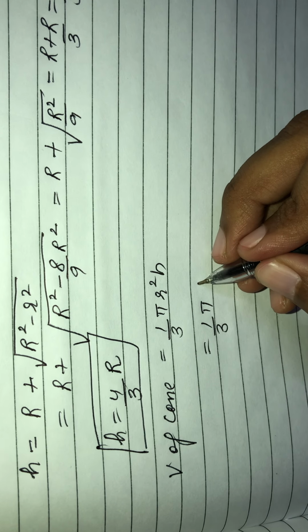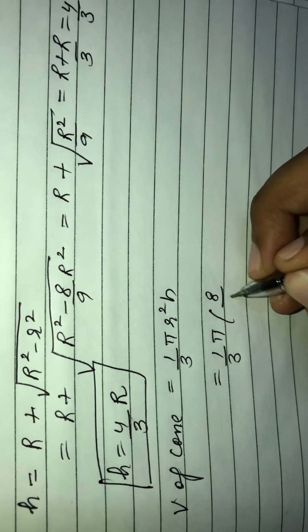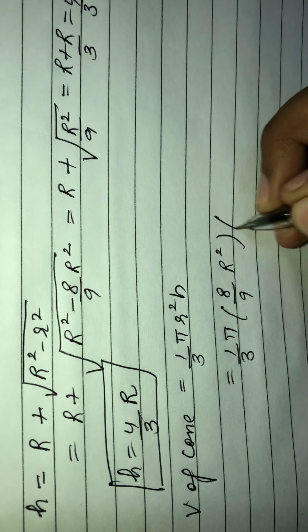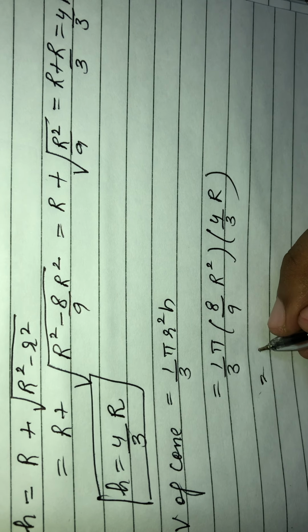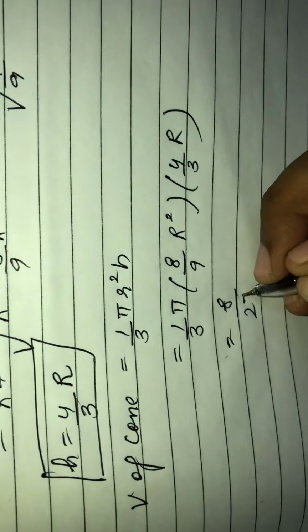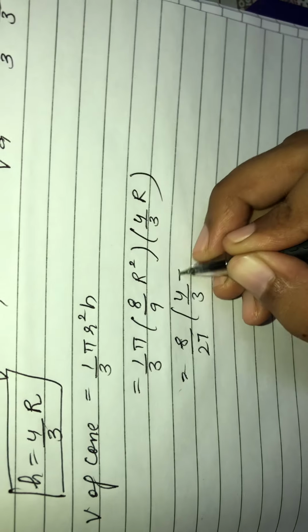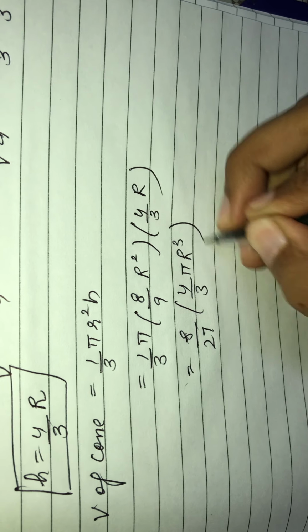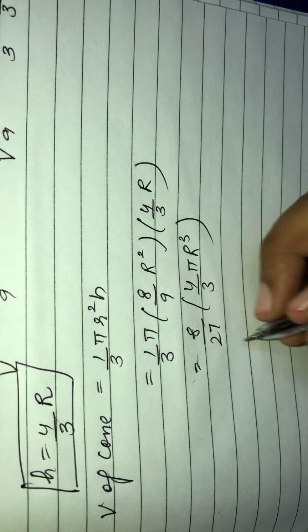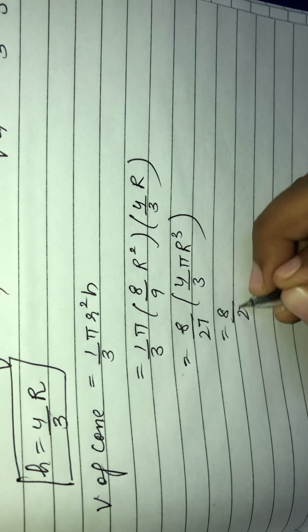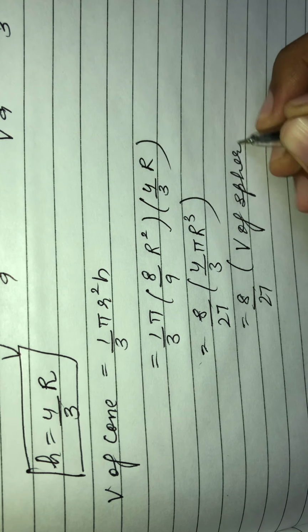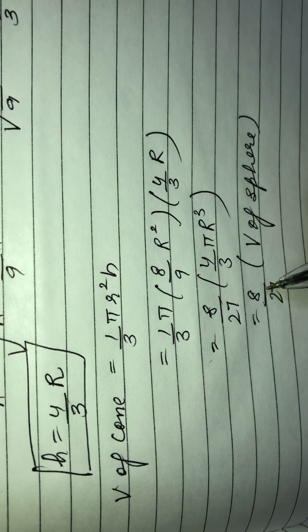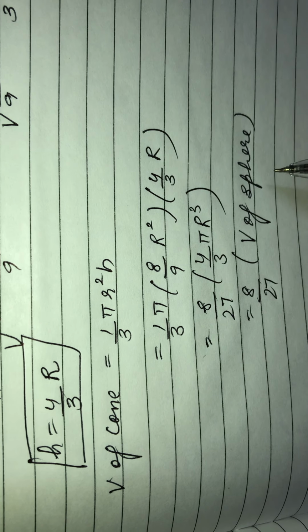So what am I getting? 8 by 9 R², 4 by 3 R. So I am finally getting 8 by 27 times 4 by 3 π R³. Now this R is the radius of the sphere, so 4 by 3 π R³ is the volume of the sphere. So volume of cone is equivalent to 8 by 27 volume of sphere.